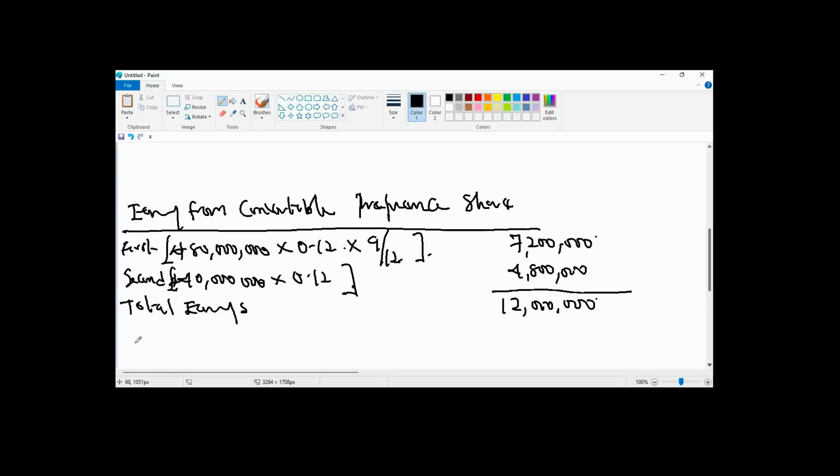I will assume a tax rate of 30% tax charge. 0.3 times 12 million. What does it give us? 3.6 million.